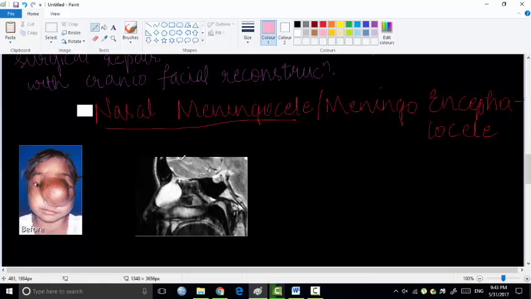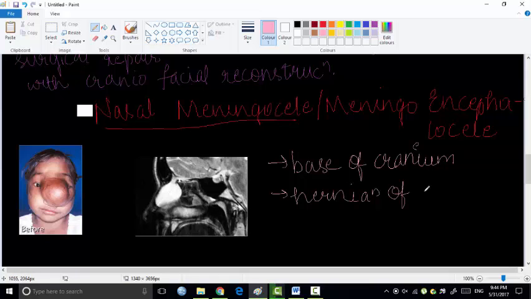What happens basically here? If you see, this is the brain and these are the meninges, right? There are two meninges, dura mater and pia mater. So these meninges and the glial tissue, or the brain tissue, undergo herniation to form nasal meningocele. This occurs at the base of the cranium.